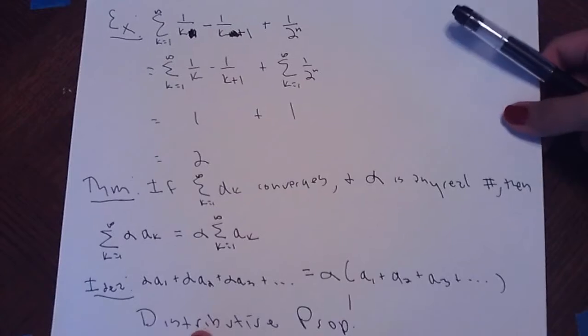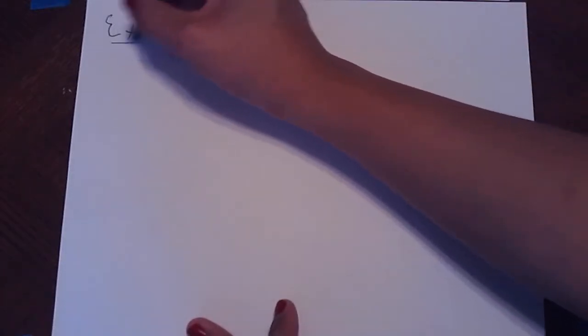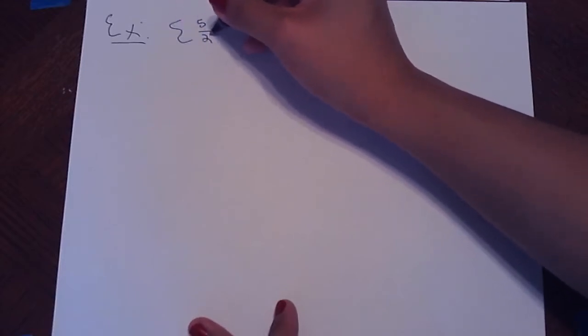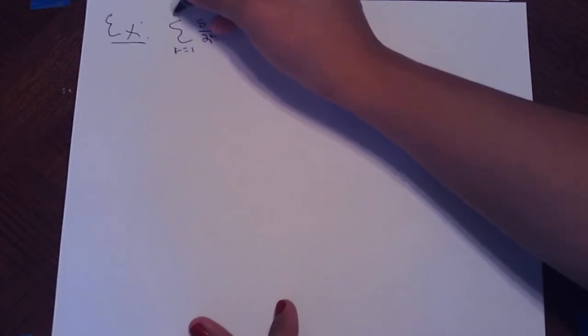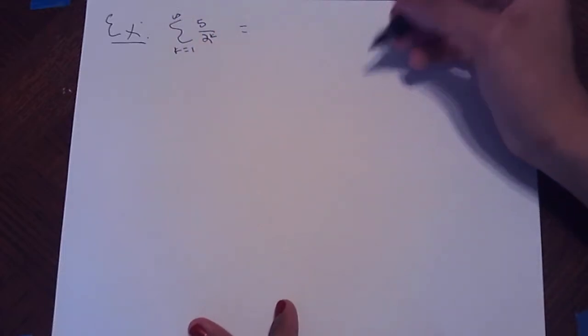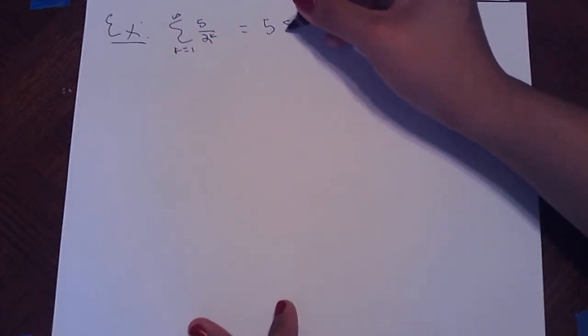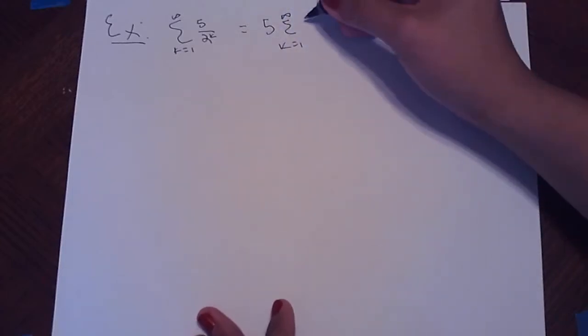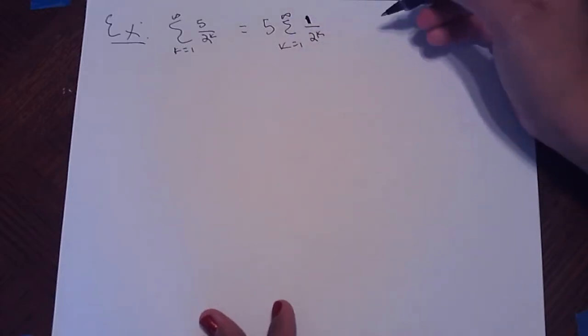So, kind of an example, say that I've got something like 5 over 2 to the k that I'm summing from 1 to infinity. 5 is a constant I can go ahead and pull out. So rather than sitting and writing my sequence of partial sums and trying to figure out the pattern when I've got this 5 on top, I can look at this and say, oh, this is something that I've already done.